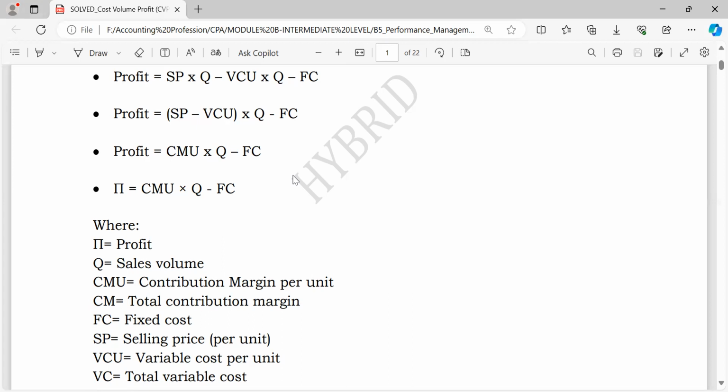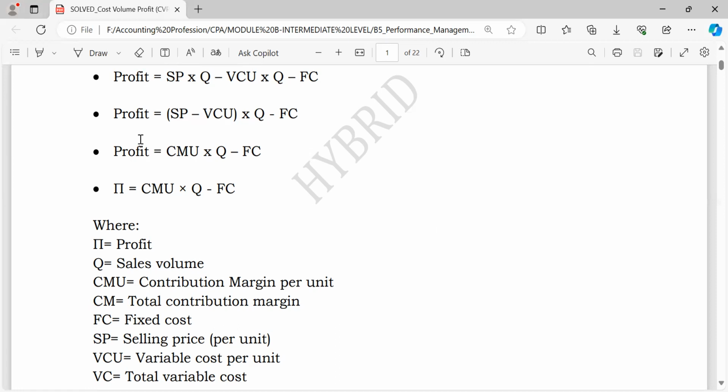Without contribution, the company would never be able to break even. It would never be able to recover all the fixed costs incurred, right? So whenever variable cost per unit exceeds selling price, you would never be able to recover the fixed cost initially incurred.